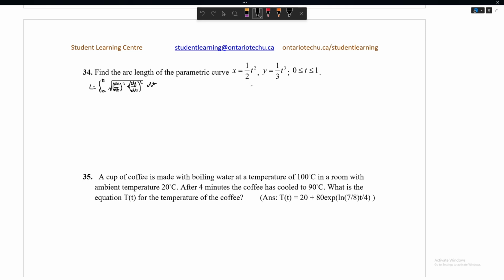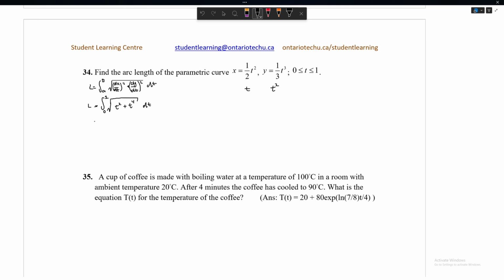So dx over dt is just t, and dy over dt is just t squared. So you plug those in, and you'll get the square root of t squared plus t to the 4 dt, and your bounds are going to be from 0 to 1. And that would be your L.